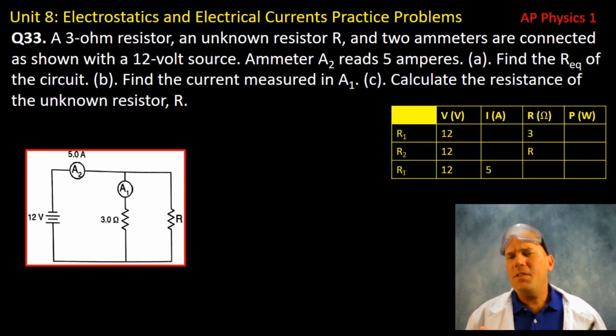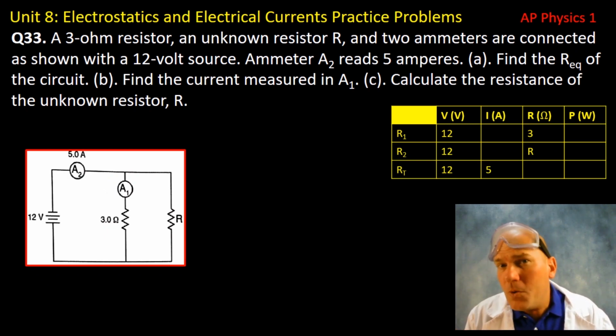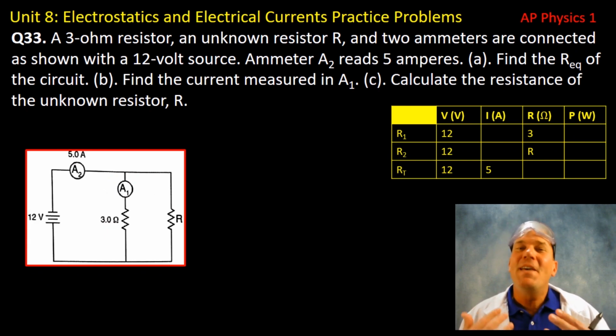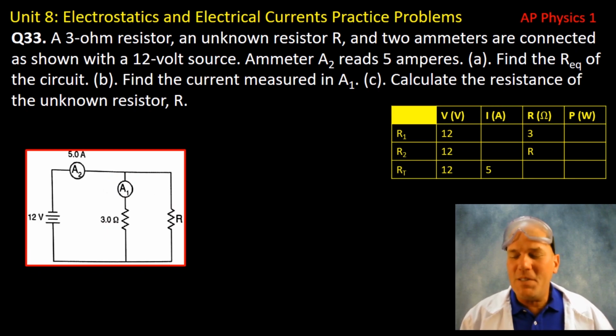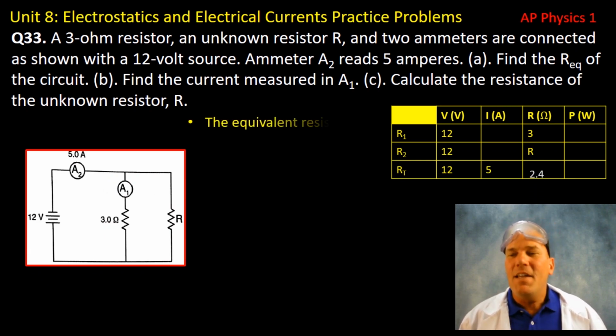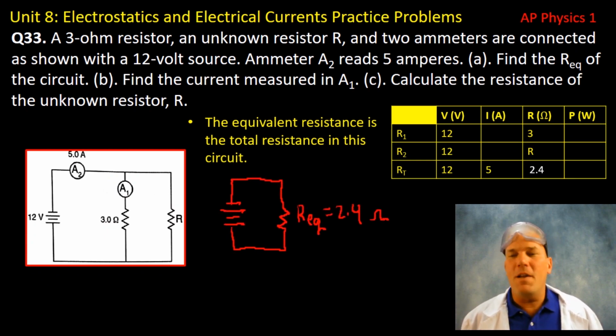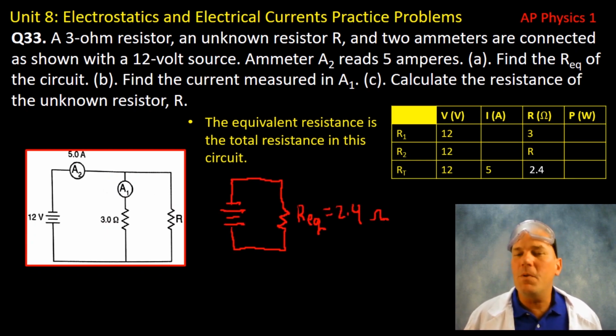And because we know the total voltage and we know the total current, we can calculate using Ohm's law the total resistance. And the total resistance is the equivalent resistance. So let's answer A to be 2.4. All right, so 12 divided by 5 is equal to 2.4. That is the equivalent resistance.